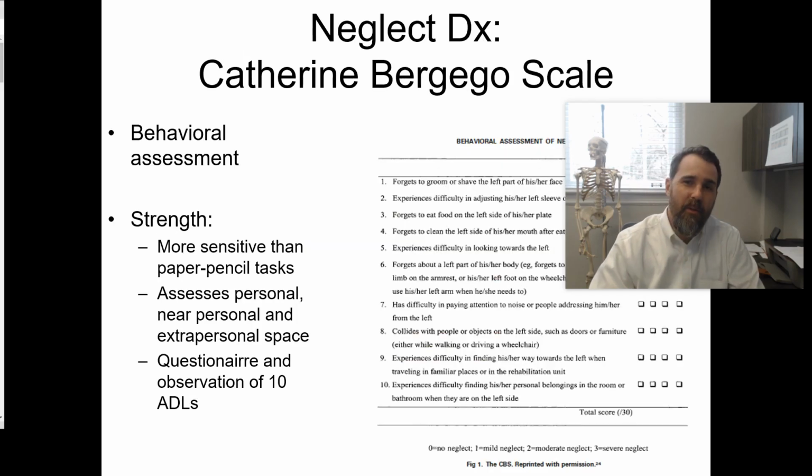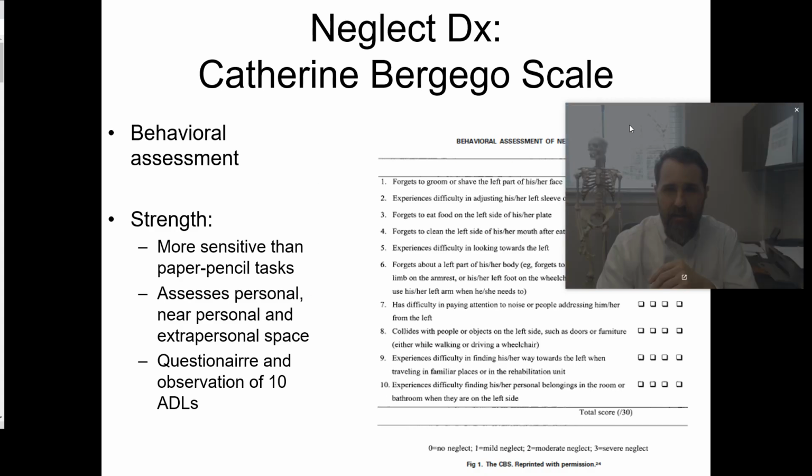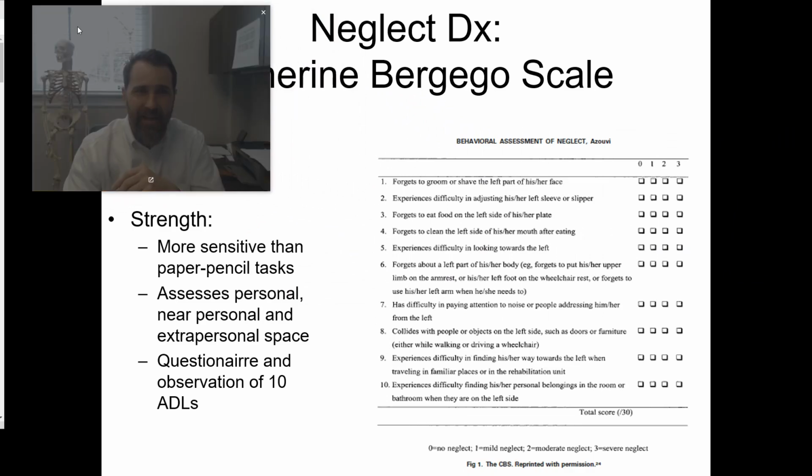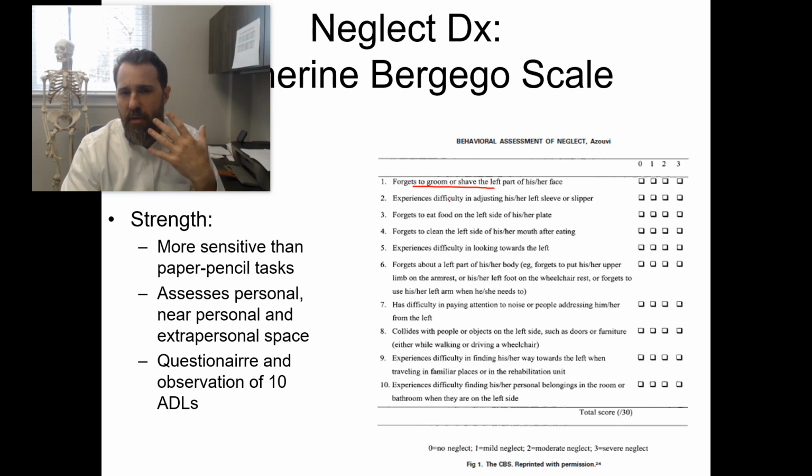Also, a good way to look for the presence of neglect is essentially to watch the patient go about some of their activities of daily living. There is a scale called the Catherine Bergego scale, and it is a behavioral assessment of neglect, meaning just what I said. You watch the patient go about some of their activities of daily living: shaving or putting on their makeup, adjusting their sleeves, eating, cleaning food out of their mouth.